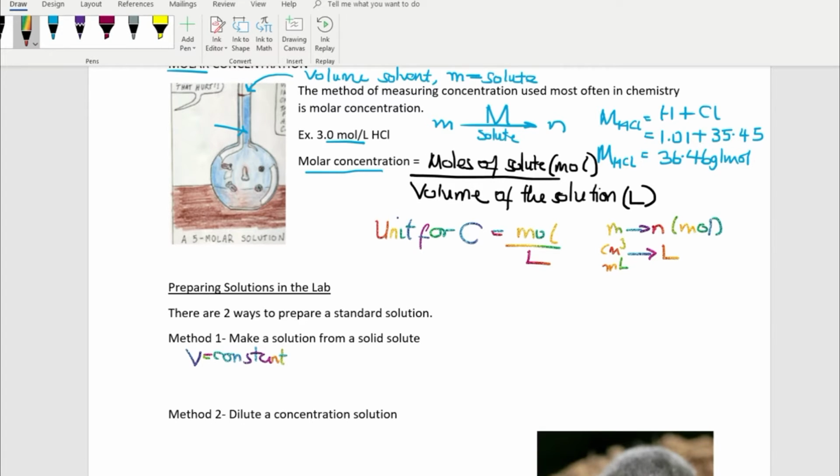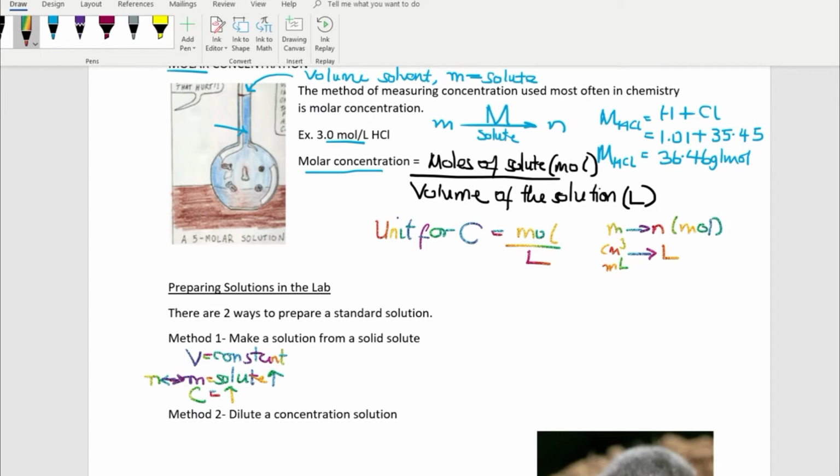So keeping the volume constant means that as I'm adding more of my solute, my concentration increases as the number of moles being added increases.